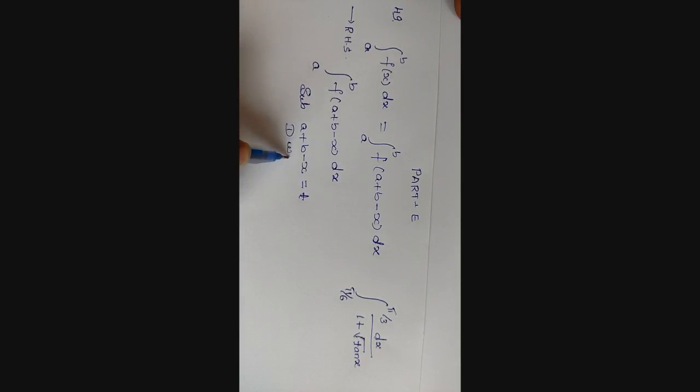Differentiating with respect to t, a plus b is a constant term, so its differentiation is 0, and minus dx is equal to dt, or minus dt is equal to dx.